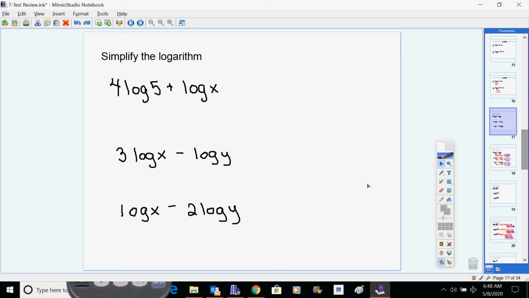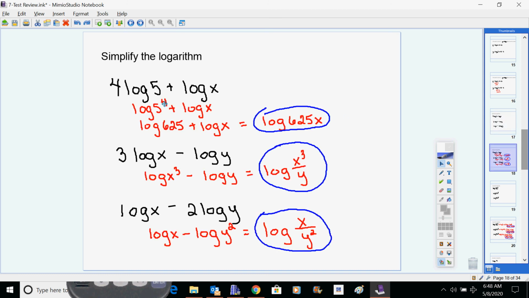Then we have applying the properties of logarithms. You need to apply them so this 4 can get dragged up top here, and then the plus makes it into a multiplication problem like this. The 4 got dragged up top. You can evaluate 5 to the 4th power, and then this plus turns it into a times to get your final answer.